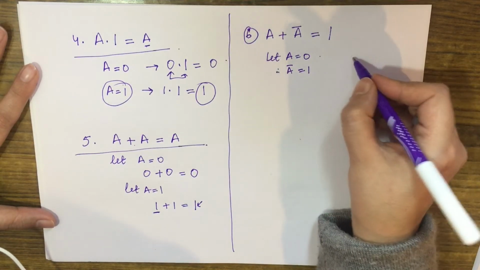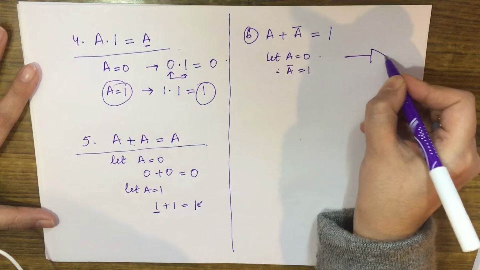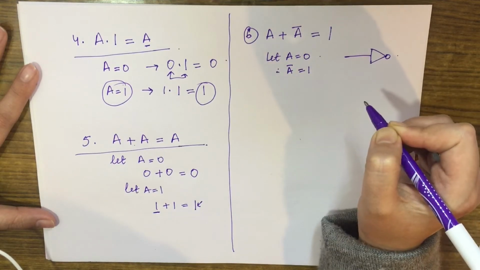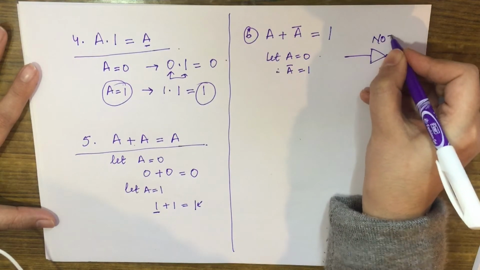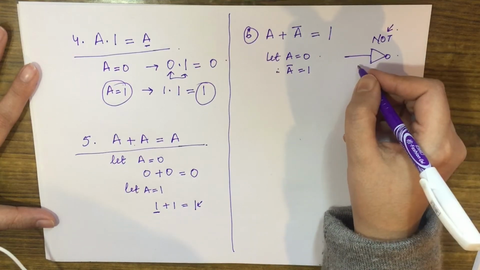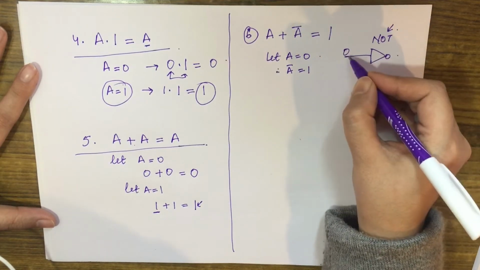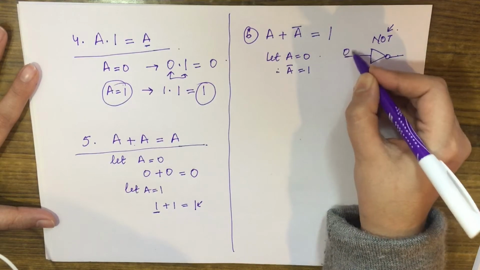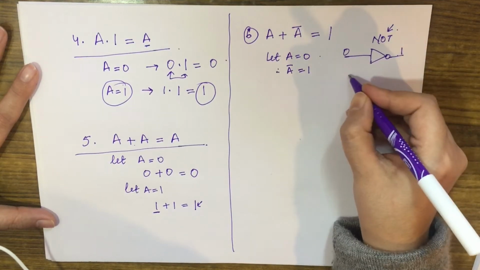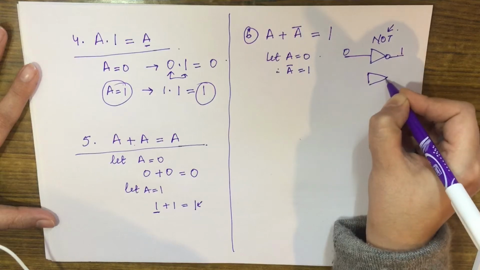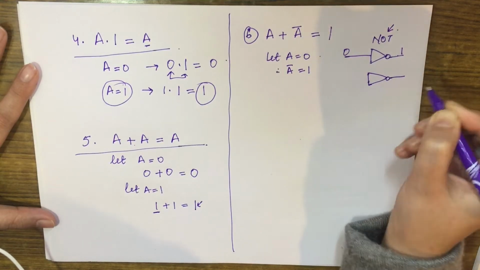A complement is actually the NOT gate. We represent it by the NOT gate. What is the function of a NOT gate? It simply converts a bit. It takes only one input and gives one output.